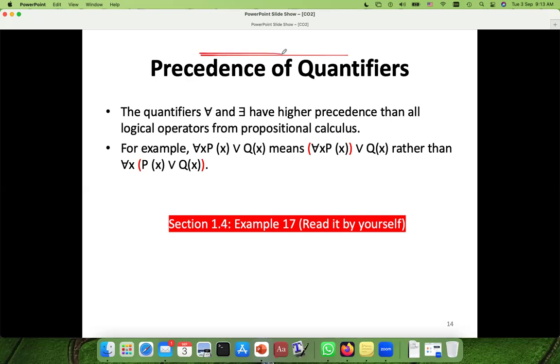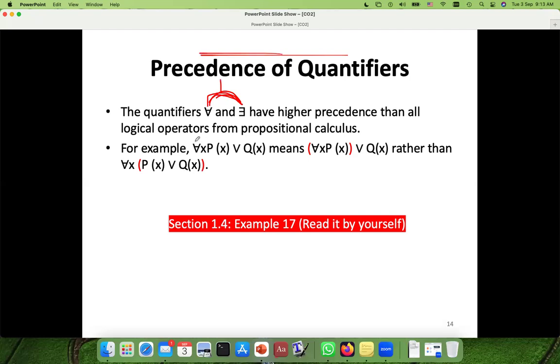Now that is the same topic, precedence of quantifiers. The precedence of these two quantifiers is always higher than all the other operators you have studied before: conjunction, disjunction, all those five. If you have these quantifiers in a logical expression, these two have higher priority. You have to solve them first.